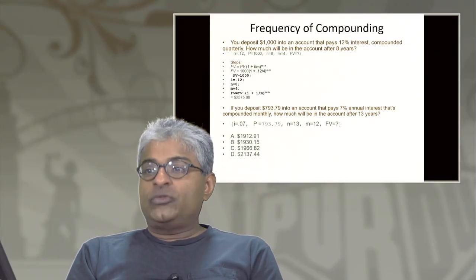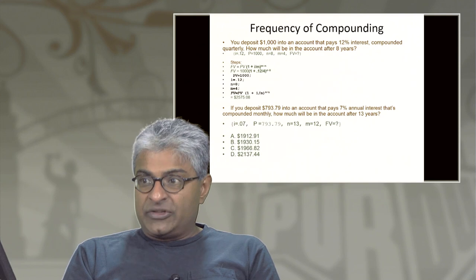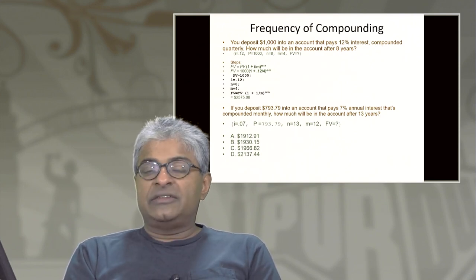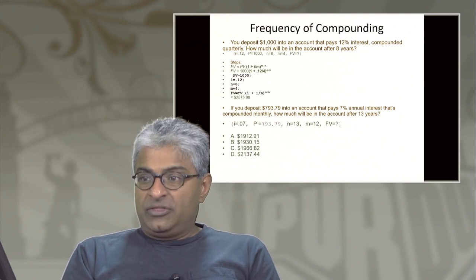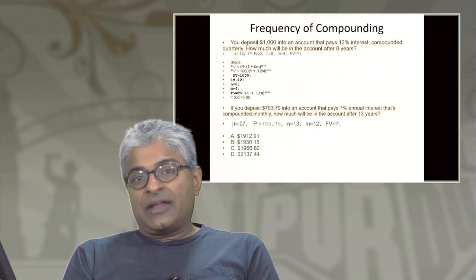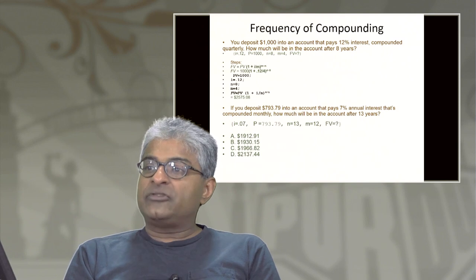So those are the two things you need to now adjust and pay attention to. In the revised version of this problem, now that we've decoded all this, the interest rate will be 3% per period, and n is actually 32, 4 times 8. Everything else remains the same.